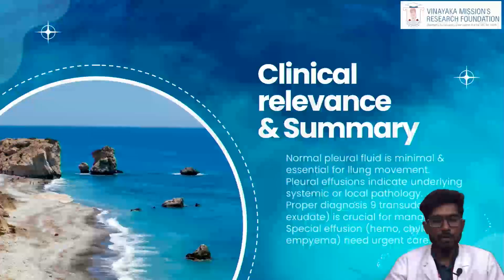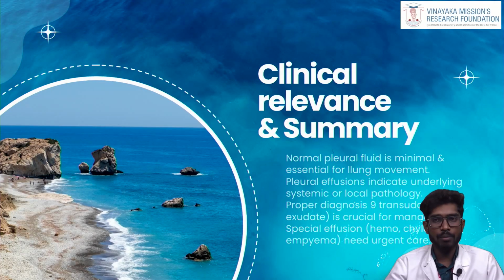We have been speaking about the pleural cavity and its fluids. The main important notes you have to know are, first, normal fluid is minimal and essential for lung movements. For the movement of the lung, it should have a minimal and essential fluid. Next, pleural effusion indicates underlying systemic or local pathology, and the effusion depends on the category of the underlying systemic and local pathologies.